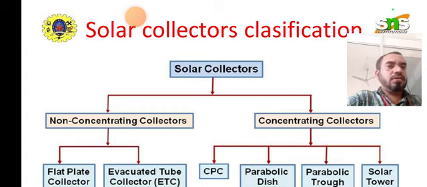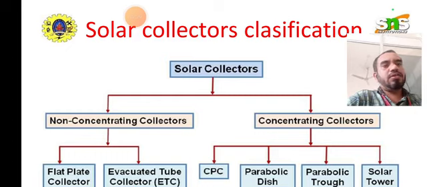Solar collectors are mainly classified into two: non-concentrating collectors and concentrating collectors. The difference is that non-concentrating collector bases are fixed and mounted in a way that they cannot be tilted. Once you fix it, it's fixed, that's it.